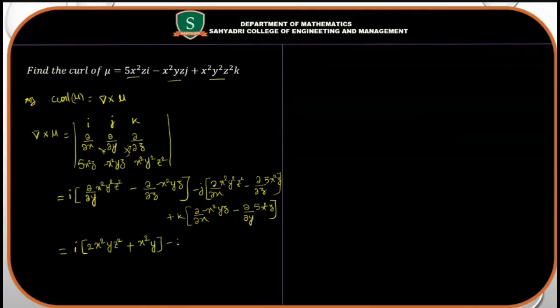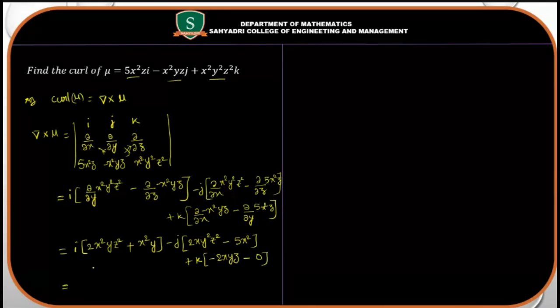Next, minus j into 2x y square z square minus 5x square. Next, plus k into minus 2x yz minus 2x yz minus 0.